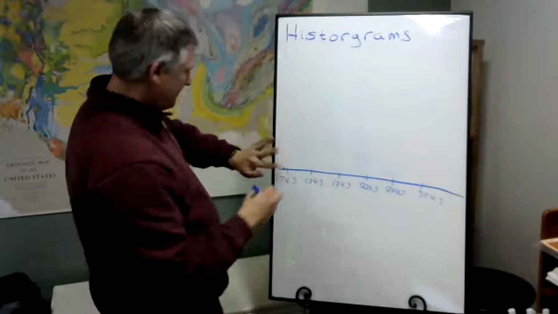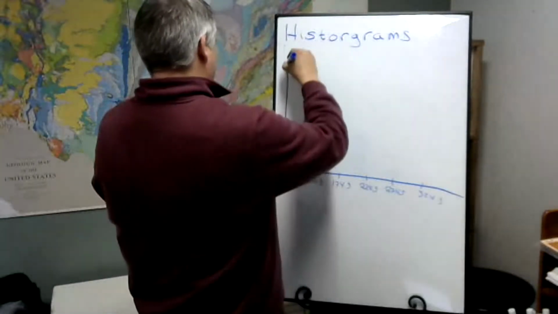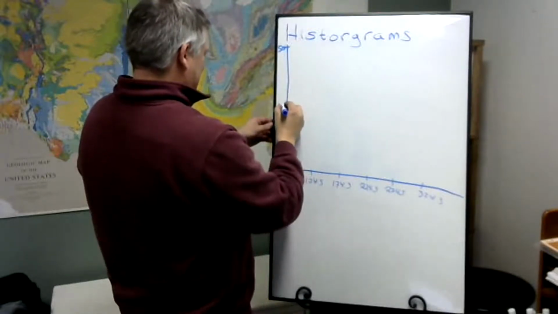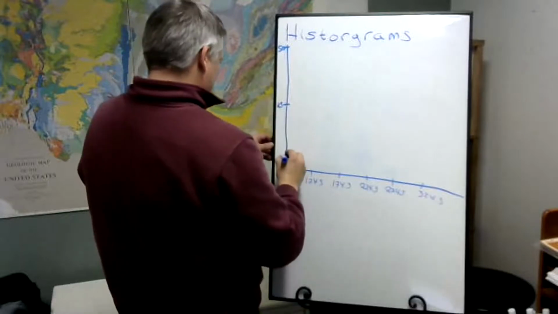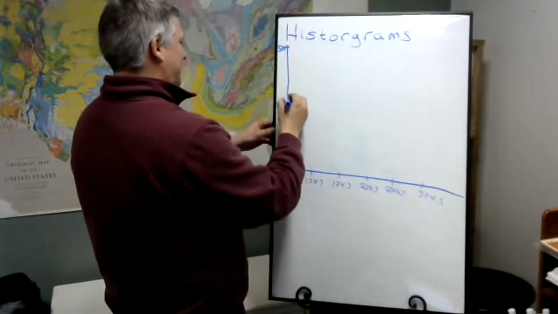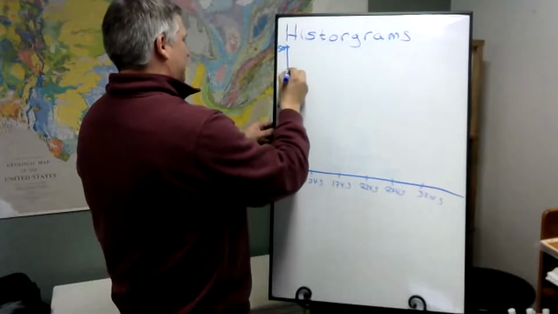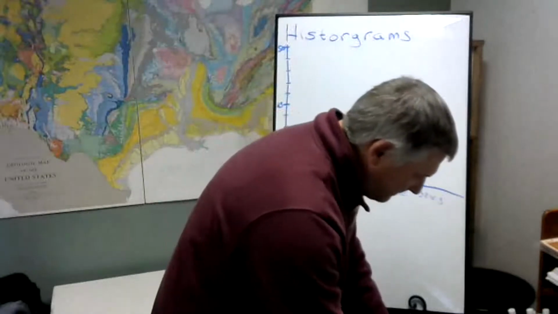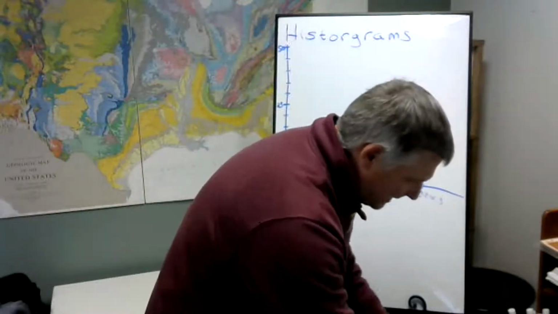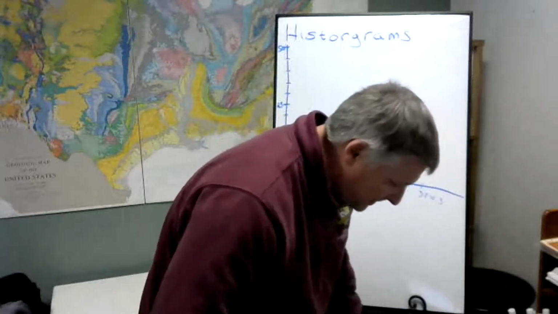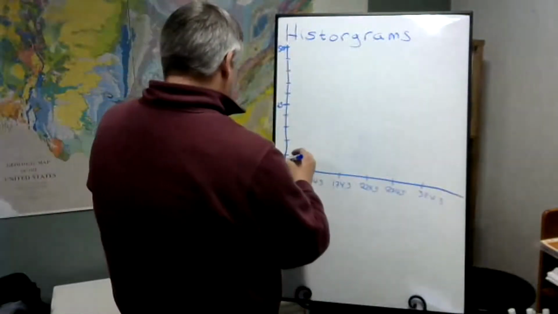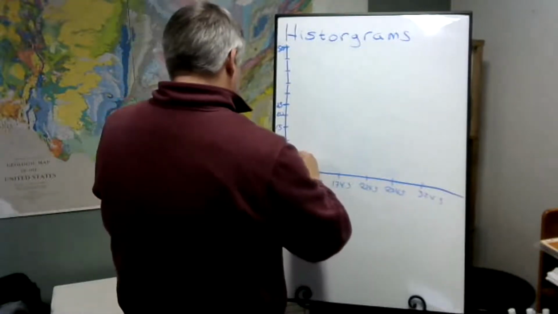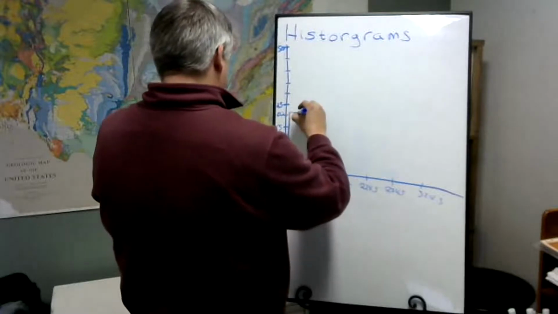A little more room. Say this is 25, and then 5, 10, 15, 20, 25, 30, 35, 40, 45, 50. Going back and looking at those relative frequencies, those percents, the first one's 22%, so it's going to be not quite halfway.